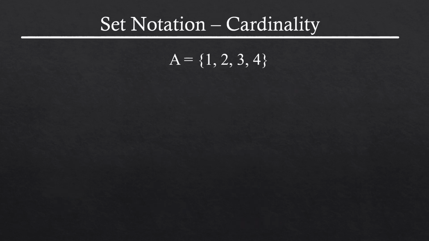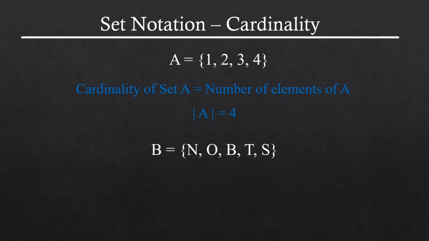So let's take a look at cardinality. When you're asked to find the cardinality of a set, the cardinality is just the number of elements of that set. This particular set has 4 elements. You'll see it written as A with these sticks next to it, and they want to know how many elements are in the set.